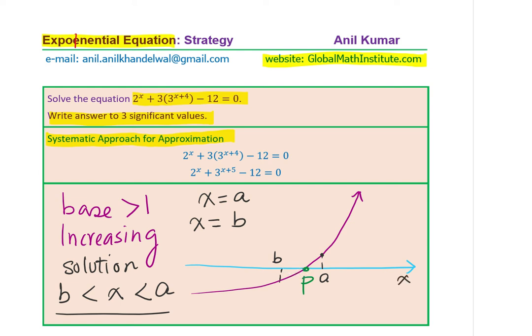So what we can do now is try a value which is somewhere midway between these two. Let's say we can try a value here, c. Now, if c is negative, we can try a value which is greater than c, right? So that we can try a value here and then ultimately try a value there, and then we can converge to the solution.